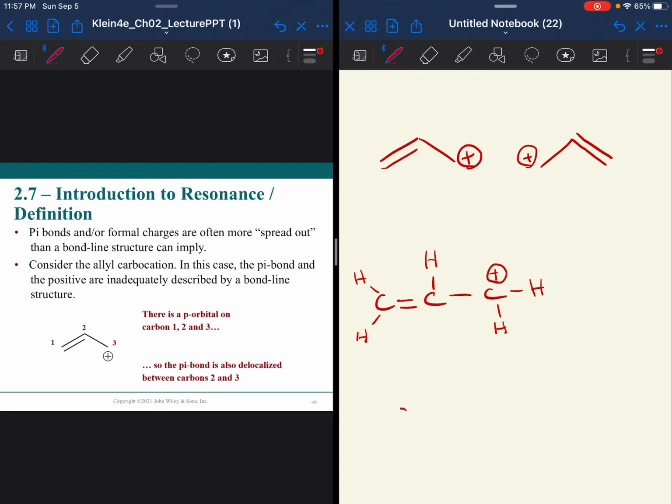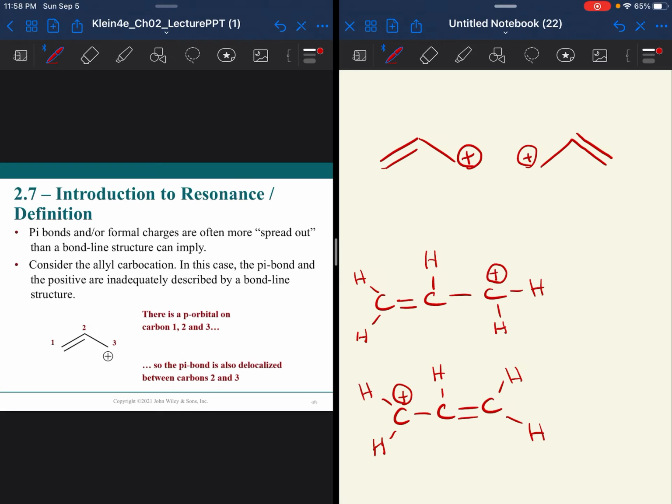Because all of the atoms are in the same place. We still have 3 carbons in a row. We still have a CH2 on one end, a CH in the middle, and a CH2 on the other end. The only difference is in the location of a pair of electrons. And that is how we describe resonance.